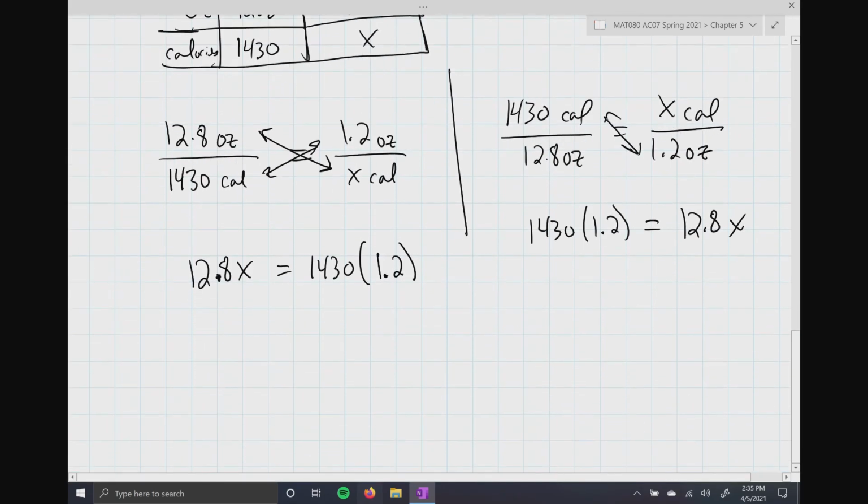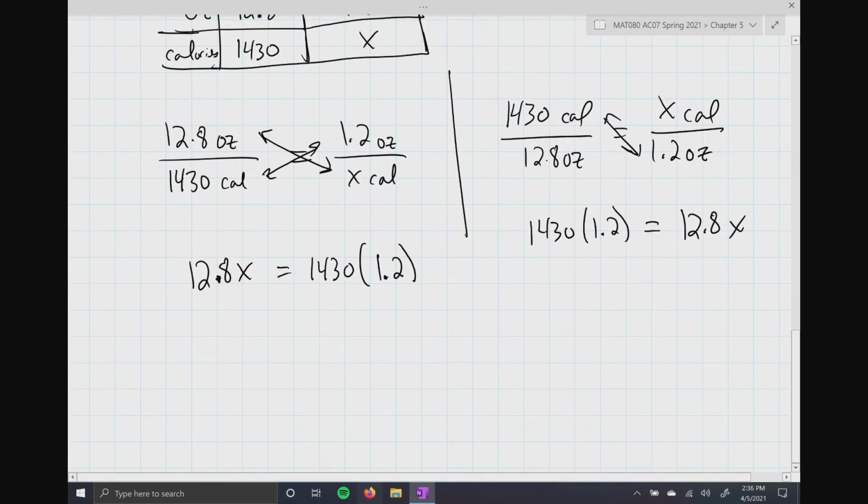How are we looking so far? Pretty good? All right. So for simplicity, I'm just going to pull this out. 1430 times 1.2. So you get 12.8x equals 1,716.